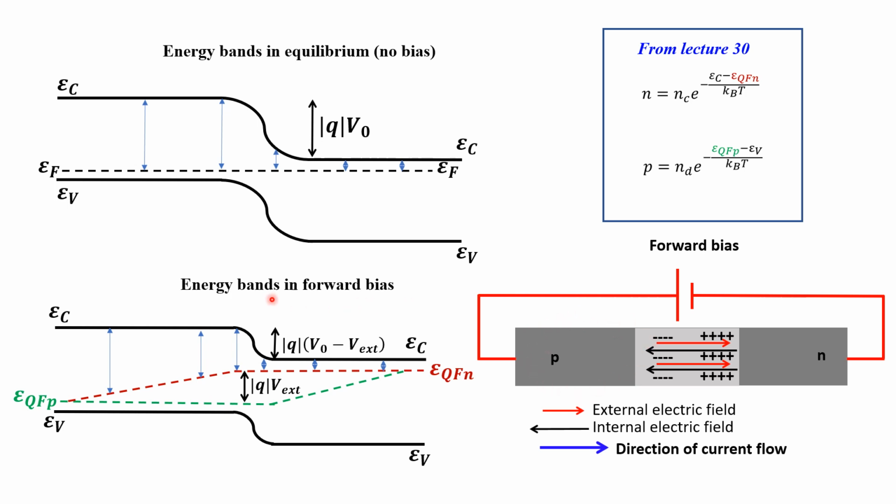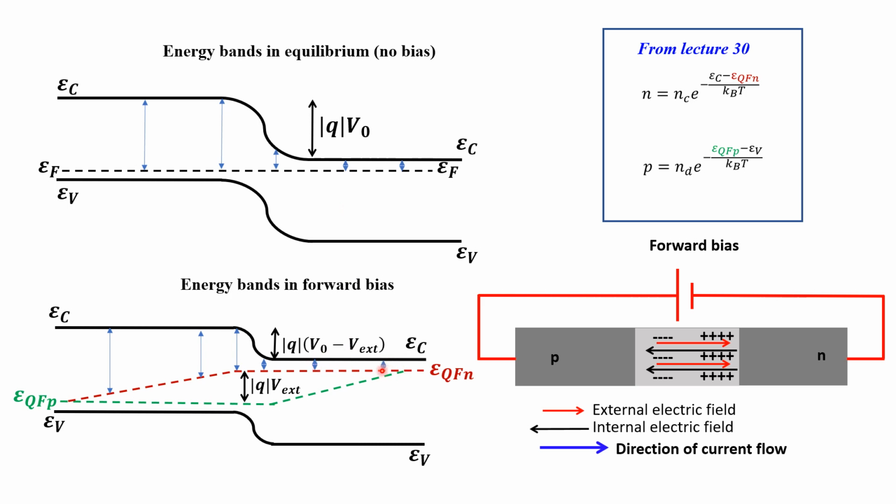Now let's examine the energy band in forward bias. You can notice that the quasi-Fermi level is constant in the n side, and the distance to the conduction band is basically identical to the distance in equilibrium. So that means that the concentration of free electrons in forward bias condition has not changed with respect to the concentration in equilibrium, since this distance here is basically identical to this distance.